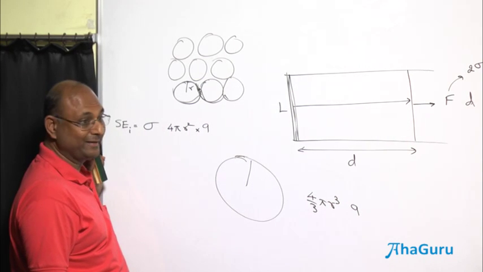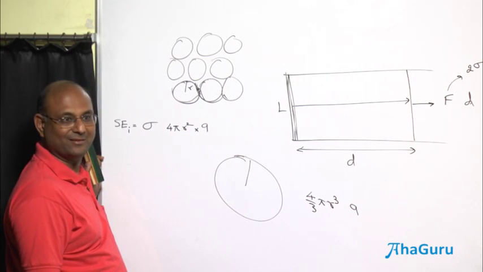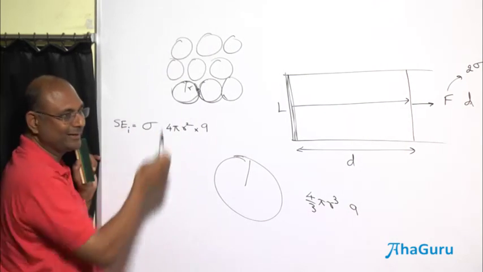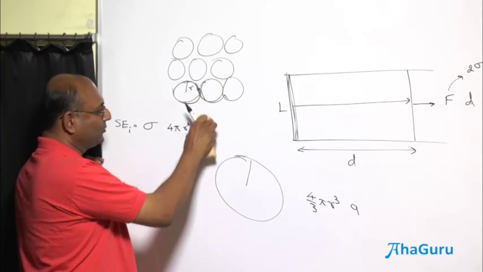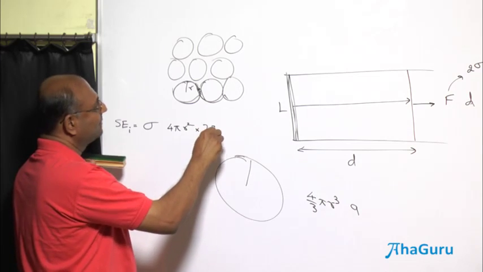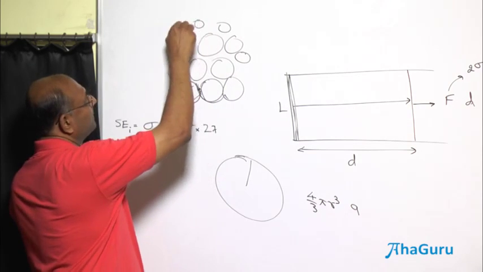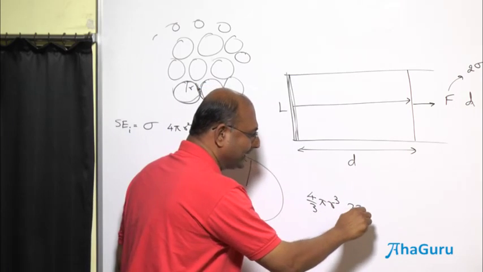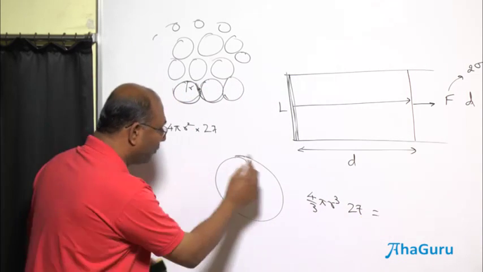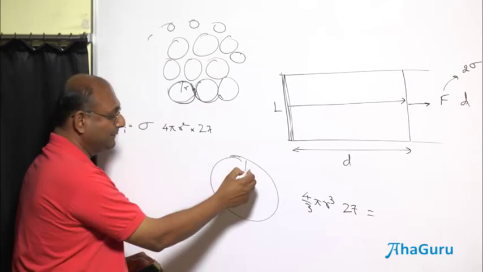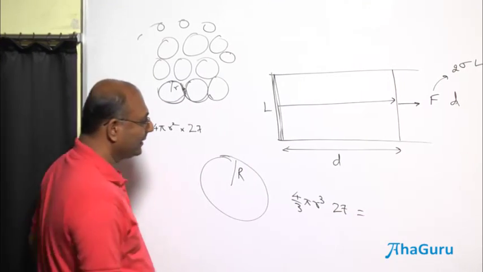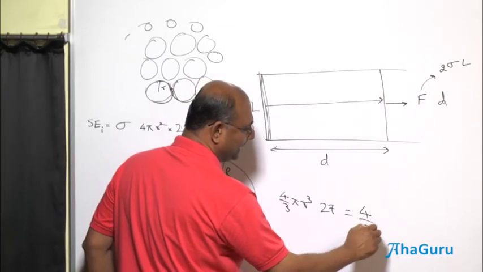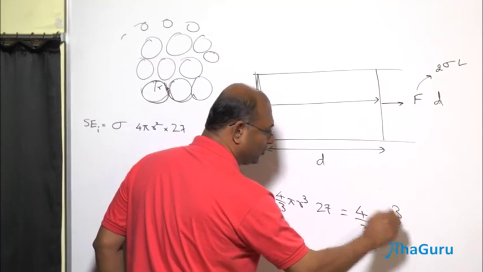Now I have 9 of these guys. 9 is a bad number, I should have taken 27. Okay, let us take 27, but I can't draw 27. If I took 27 of these, then the volume is 4 by 3 pi r cube into 27. Now that must be equal to the volume of this one fellow. If I call its radius capital R, its volume is 4 by 3 pi capital R cube.